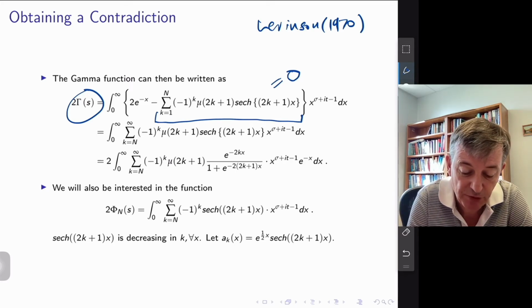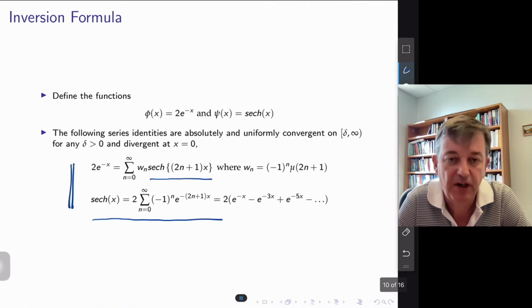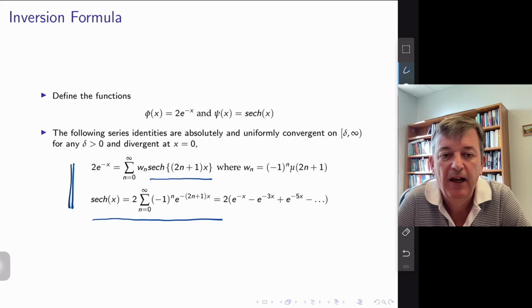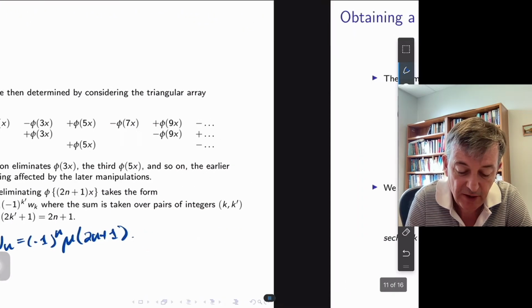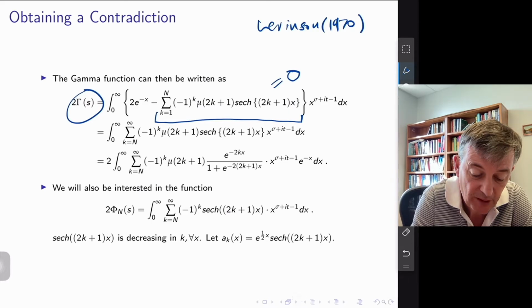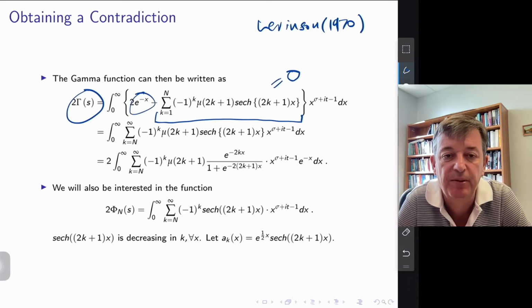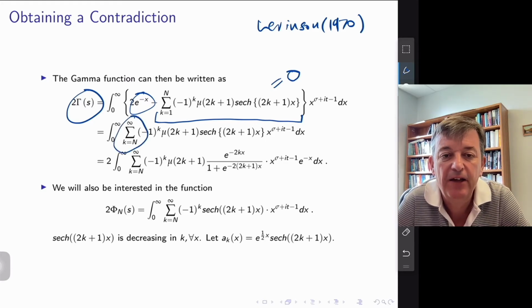So I can try and use it to approximate the gamma function. And again, we've also got that very nice approximation, the completeness identities: I can approximate the exponential by a sum of secants and vice versa. So I can replace the exponential by its sum of secants, and now I have a tail term.